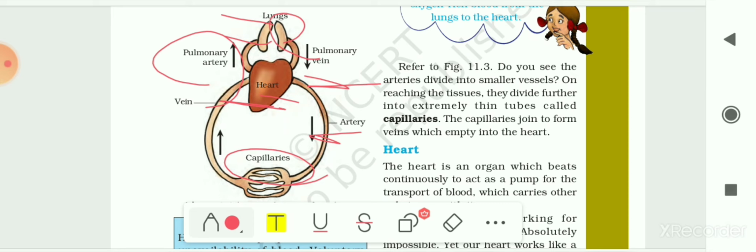In these cells, we know that the breakdown process of food occurs, and in that process energy is released, and with that energy carbon dioxide is also released. The carbon dioxide is a waste product, which is mixed again with the blood, and that will flow through this vein to the heart. So the vein carries the blood, which is rich in carbon dioxide, from the rest of the body parts to the heart.